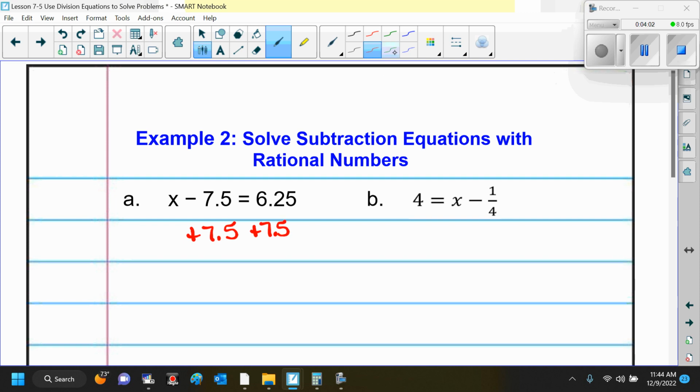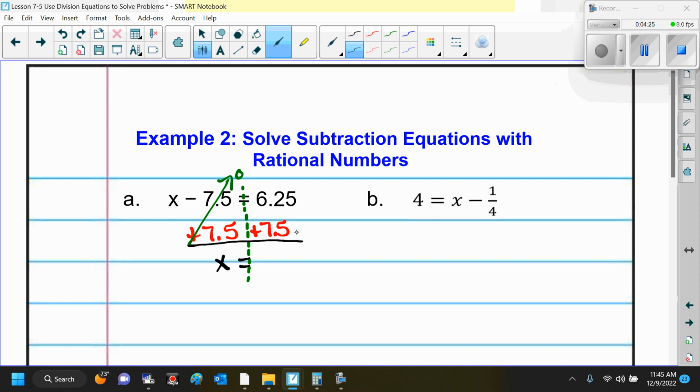Now remember, when you're adding, you guys, you need to make sure that you line up your decimals, okay? So here we have a negative 7.5 and a positive 7.5. That's a number plus its opposite. That's equal to 0. And x minus 0 is x.